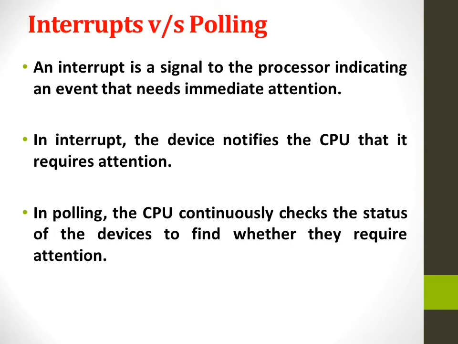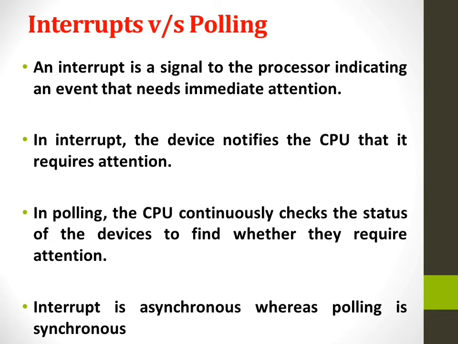In brief, an interrupt is asynchronous, whereas polling is synchronous. The interrupt is always more advantageous than polling because in an interrupt the microcontroller can serve many devices based on the priority assigned to them. But in the polling method, it cannot assign priority because it checks all the devices in a round robin fashion.